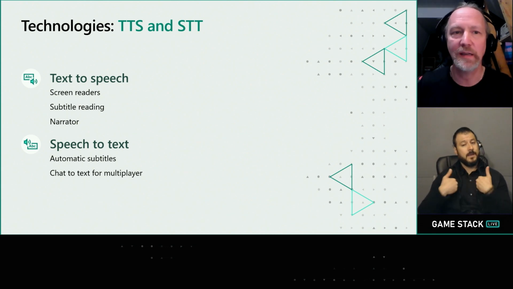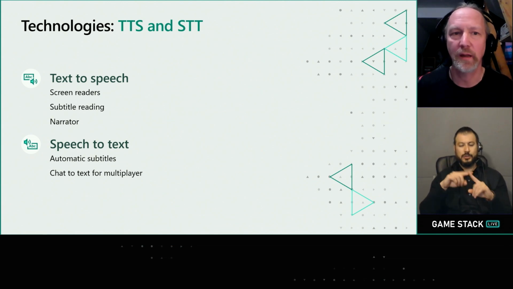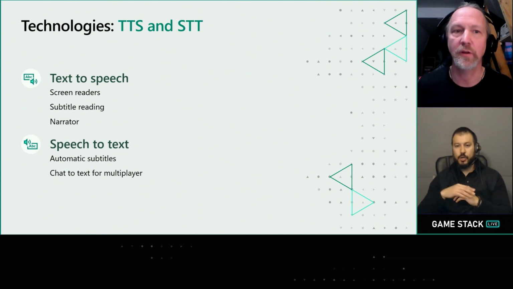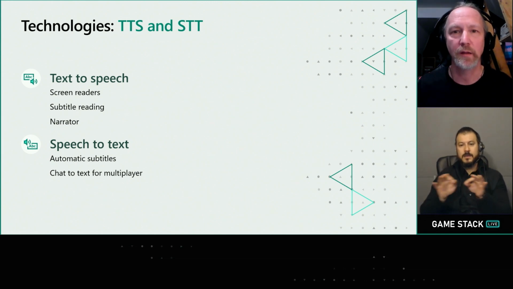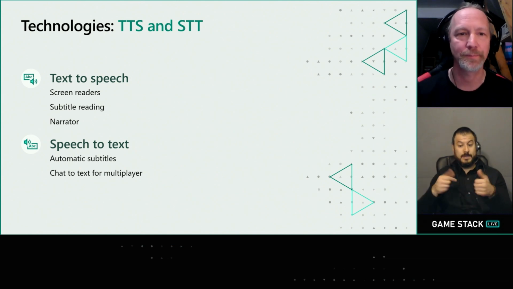For gamers without sight, text-to-speech is great for screen readers, subtitle reading, narrators. For deaf and hard of hearing, you can use speech-to-text to do, say, automatic subtitling, or even bring chat into text for multiplayer.